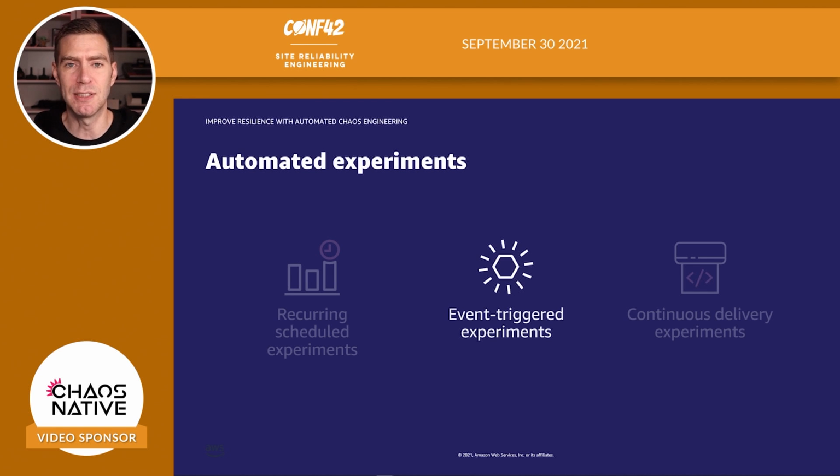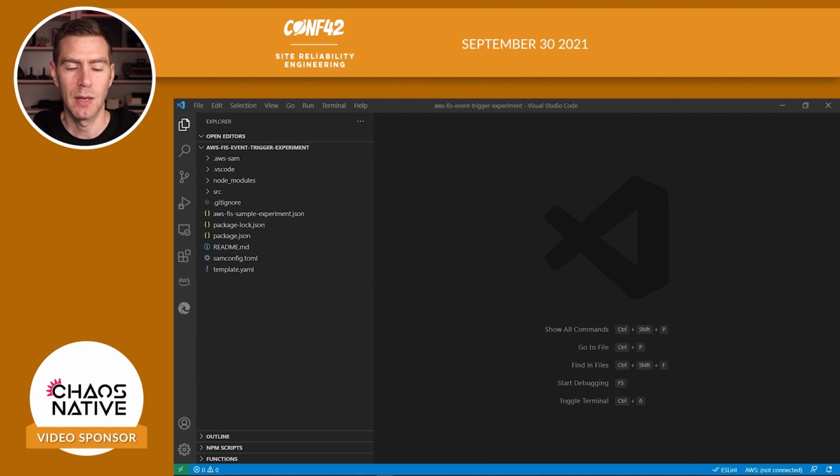Or maybe it's a business-related event, like an API being throttled when items are added to the cart. So building automation around these types of experiments can help you answer those quite hard to test questions. What if this when that is happening? And even when that is an event that's in a totally different part of the system. So let's look at an example of that as well.